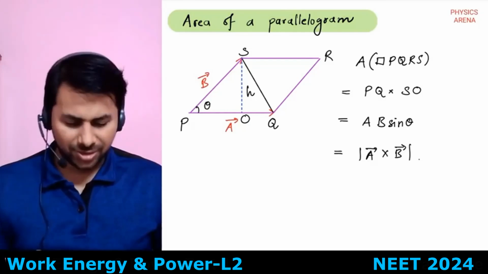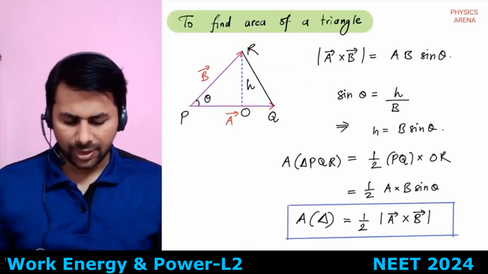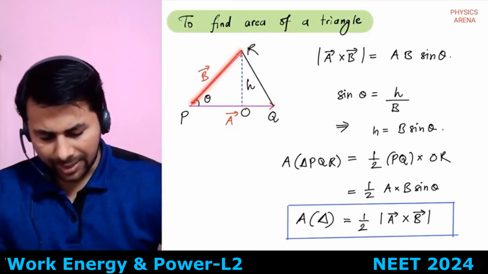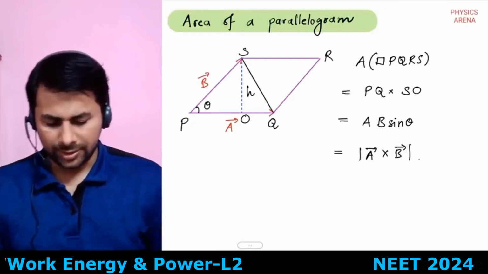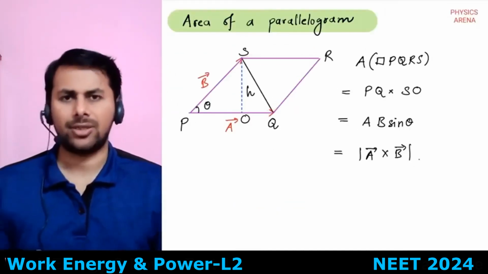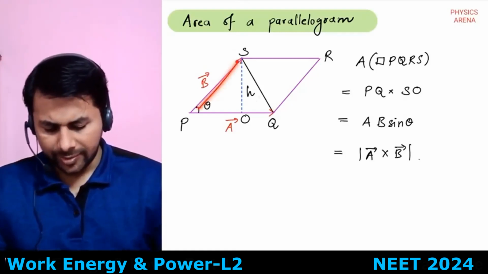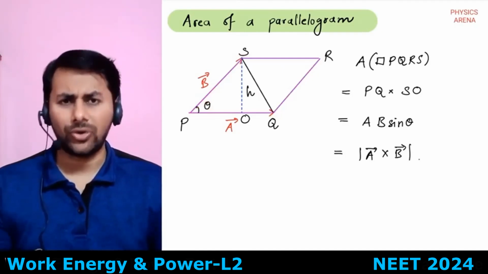Then there is another use. So see, this is a triangle. Now you can draw a vector parallel to this B bar and a vector parallel to this A bar. Okay, so you will get this parallelogram, right? And what can I say for this triangle and this triangle? These two are congruent.